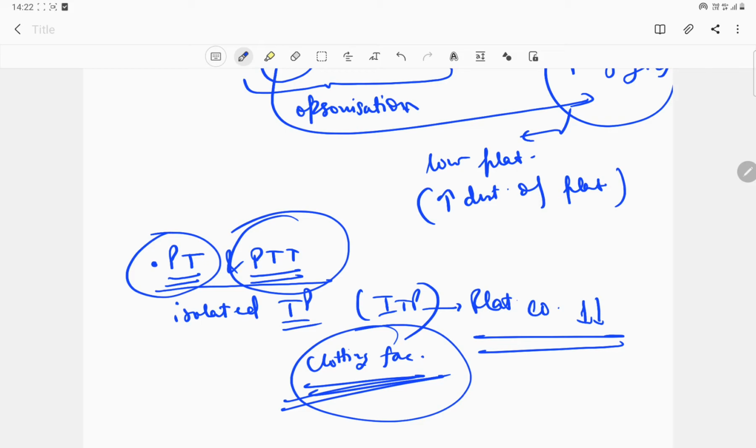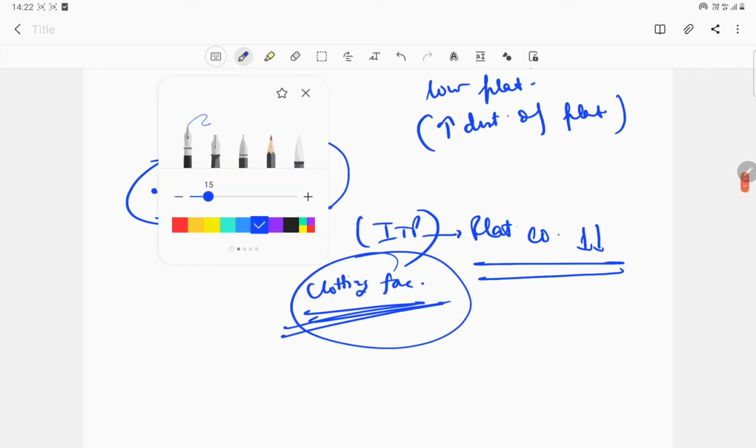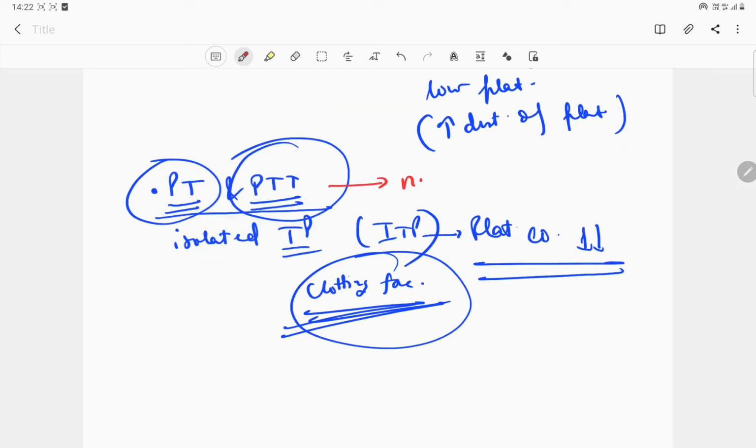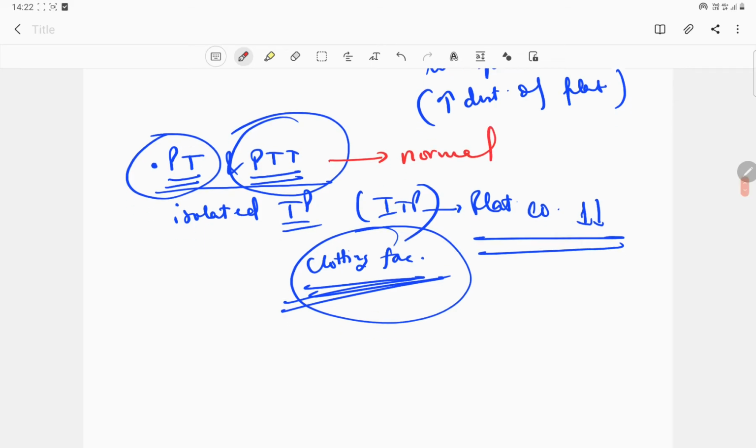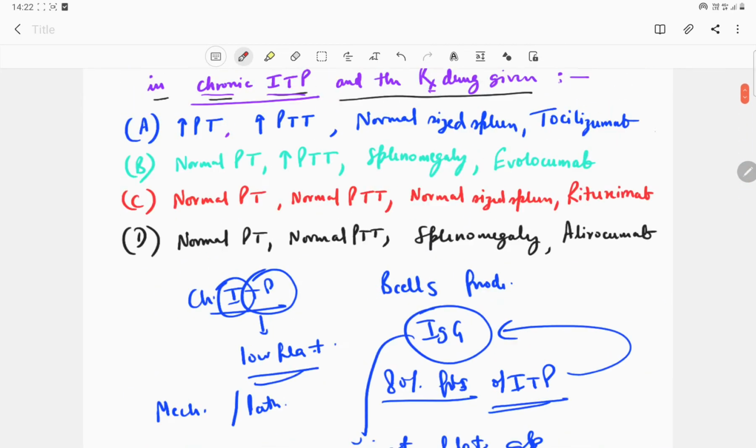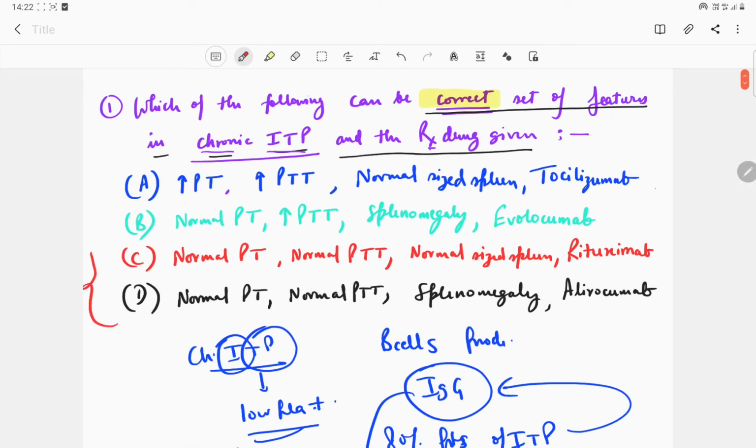Therefore, PT and PTT are both normal in isolated thrombocytopenia. This is an important point. Therefore, one of the options C and D would be true.